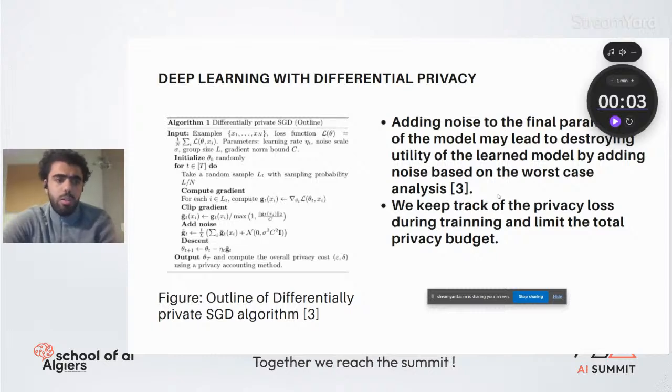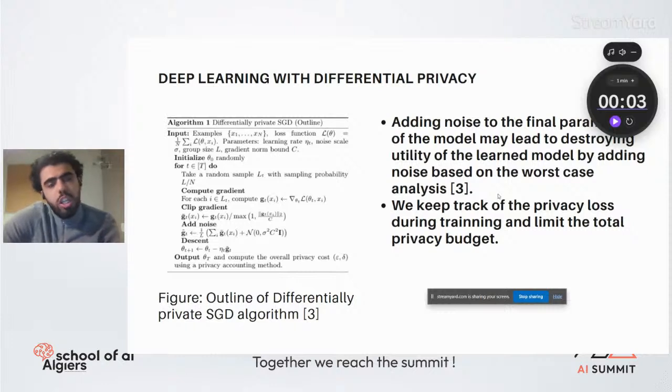Also, an important thing is that we should keep track of the privacy loss during training and limit the total privacy budget. We have a certain privacy budget, and the more we train, the more we add noise, the more we are using the data, and each step of adding noise has a certain cost to the privacy.